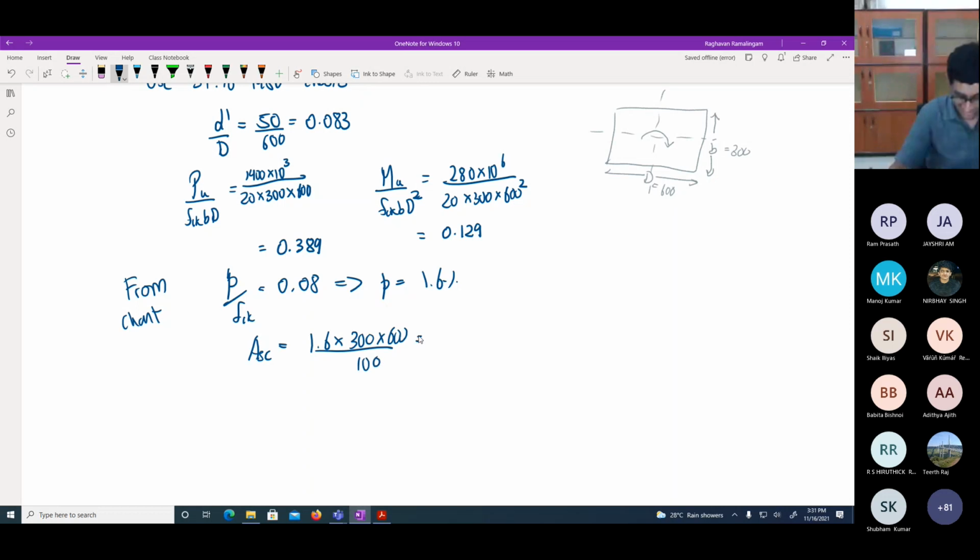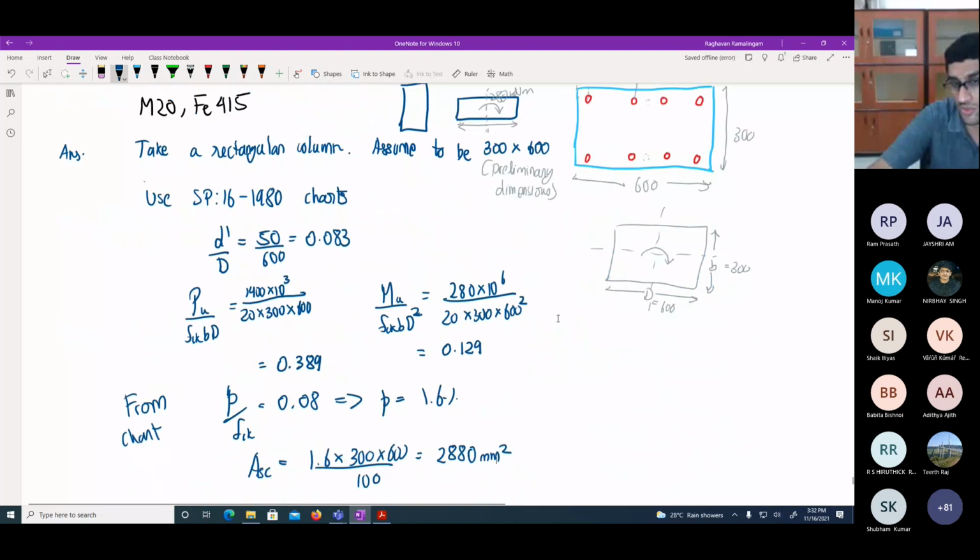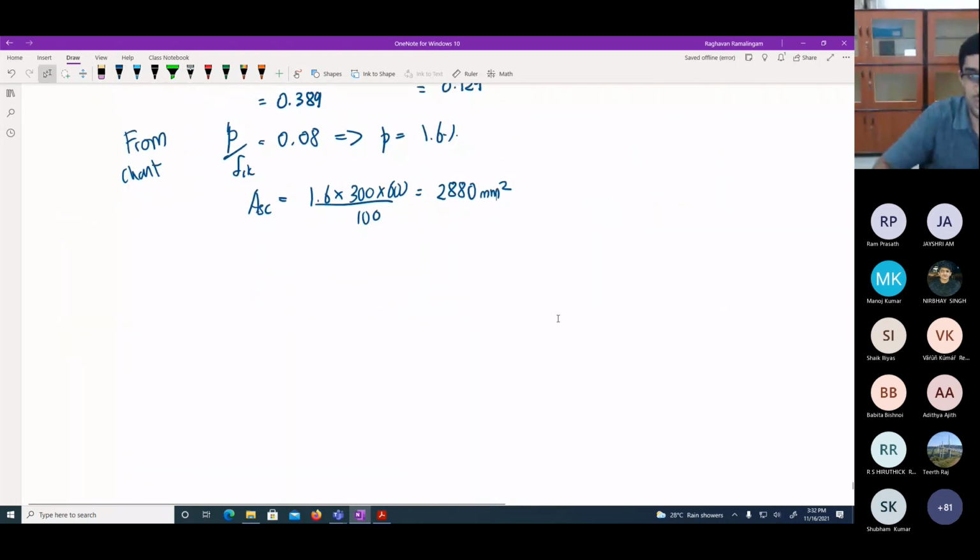How much is Ast? 2880 mm square. Based on what I have given, 8 number of bars. So I need 1 bar to give me 2880 by 8.